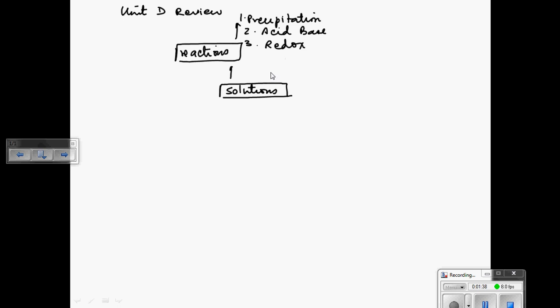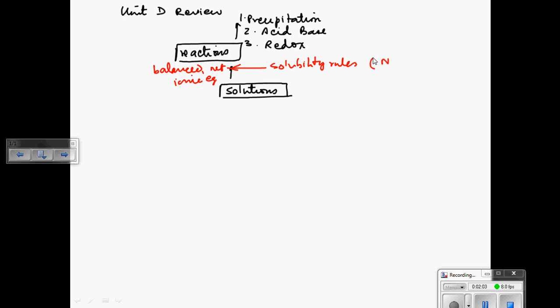Now, when you write reactions, remember in AP Chem, we always write balanced net ionic equations. And to be able to write a net ionic equation, what you need is solubility rules, because solubility rules tell you which ionic compounds will dissociate and which will not.